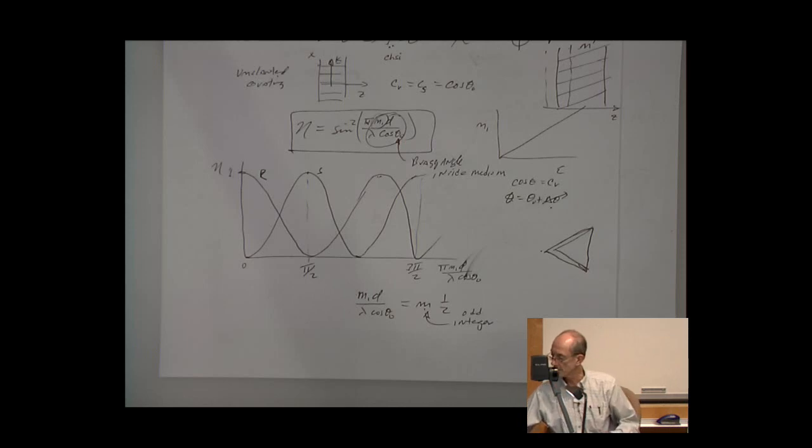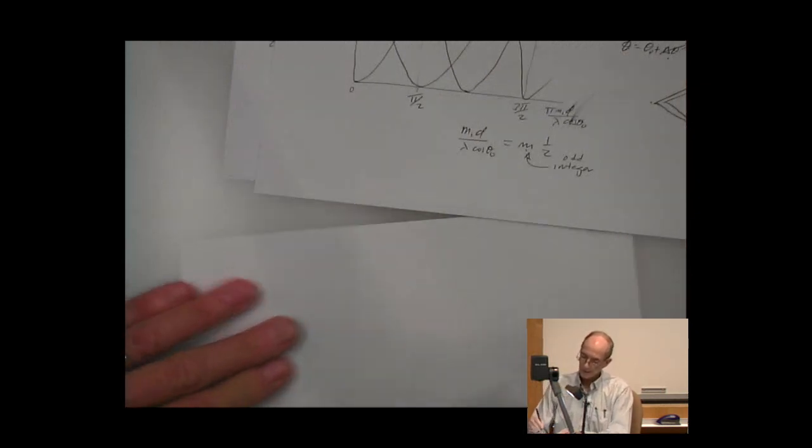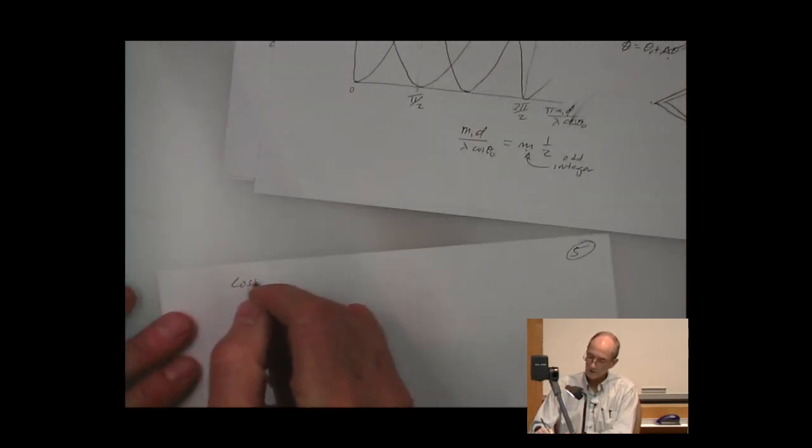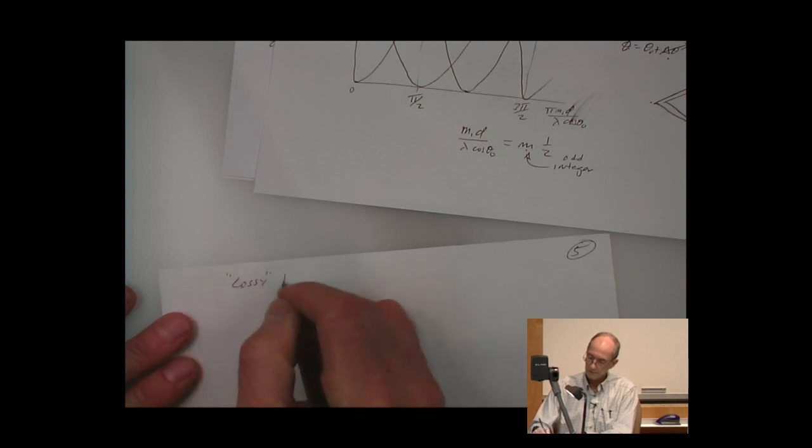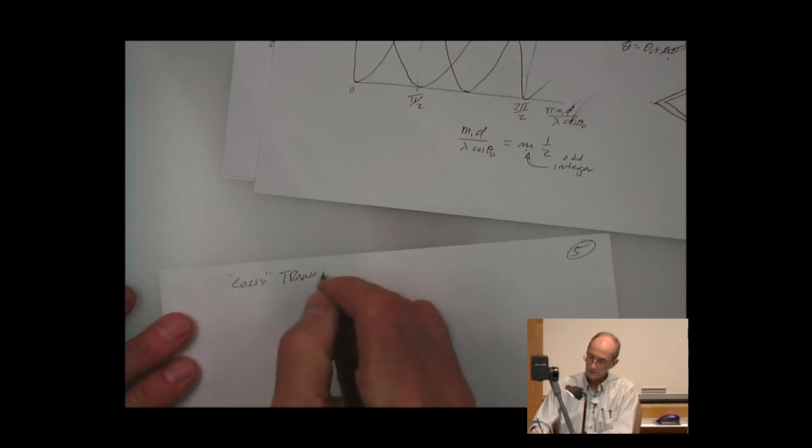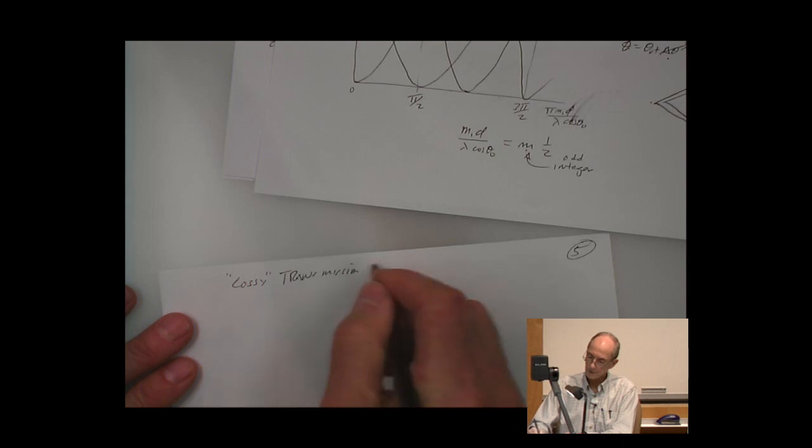So the next case that we'll look at for the transmission case is a lossy transmission hologram.